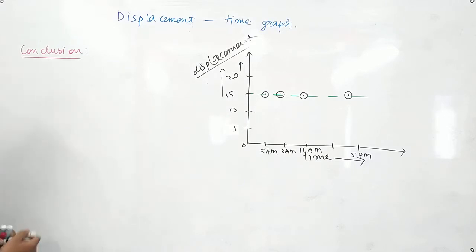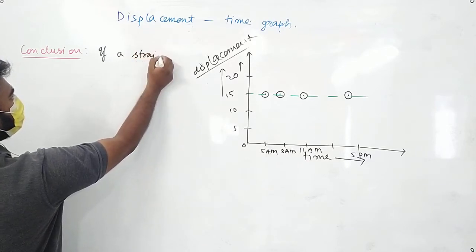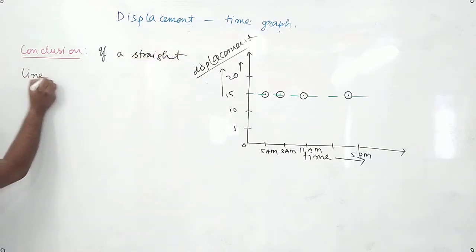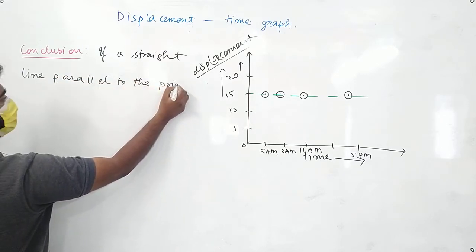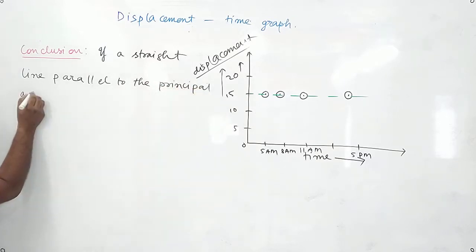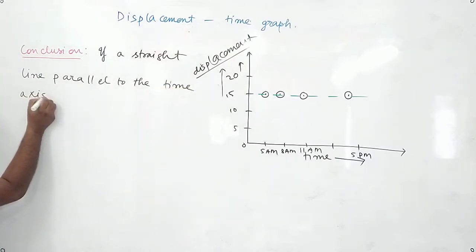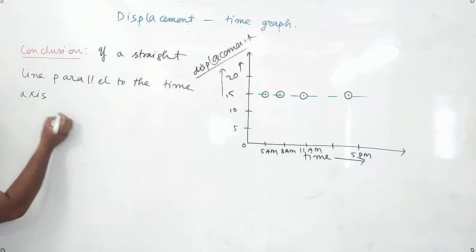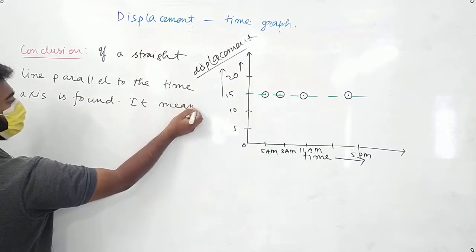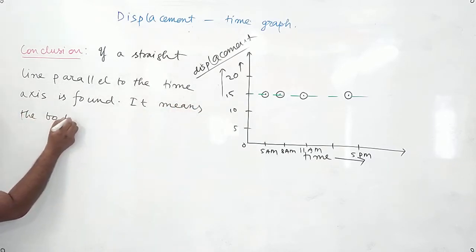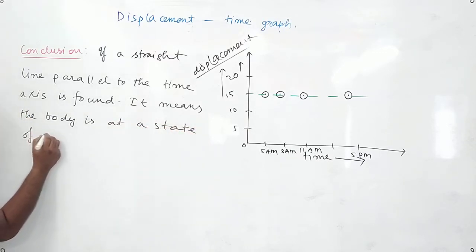Okay, now write down, if a straight line parallel to the time axis is found, it means the body is at a state of rest.